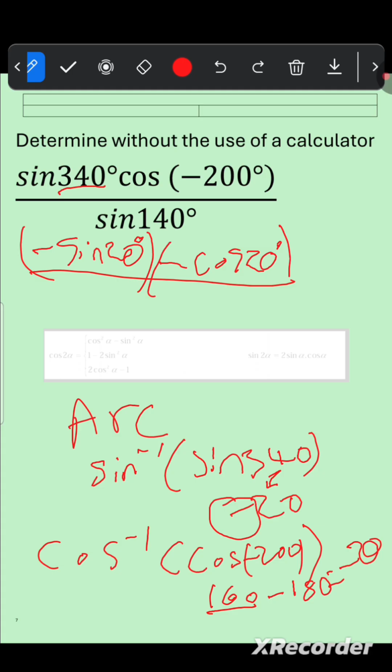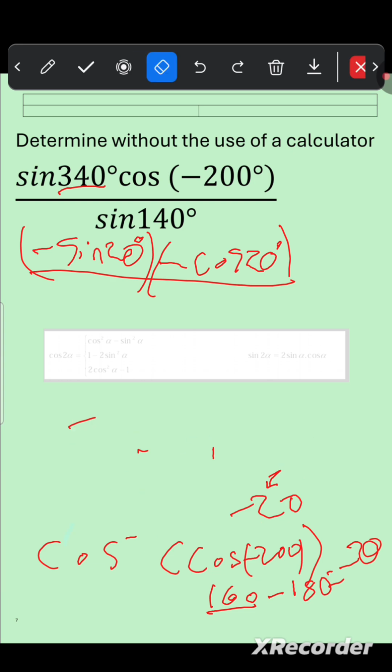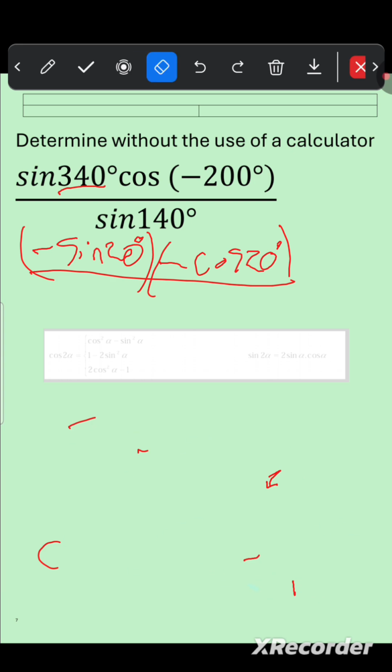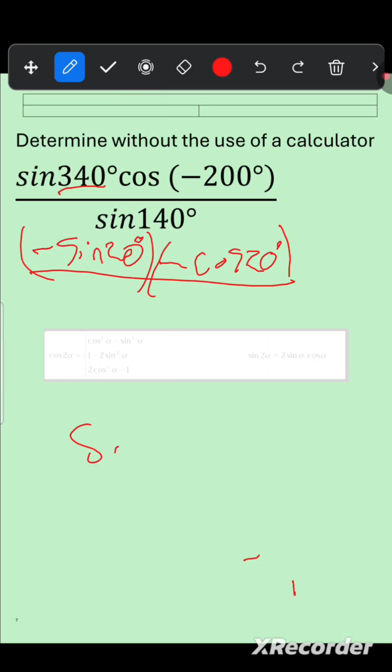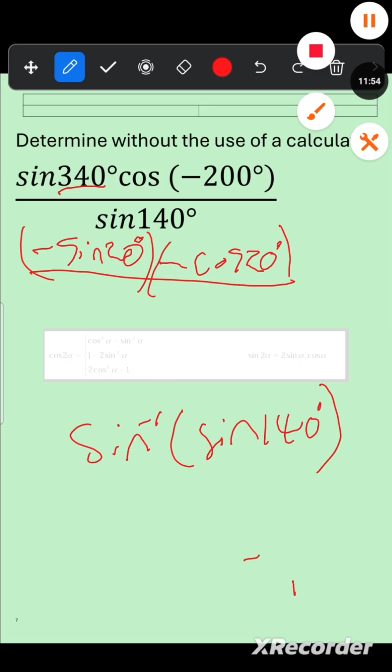Put in brackets, we'll sine 140. Let's go to the calculator again and shift. So you're going to say shift sine 140 degrees. Then what will you get?